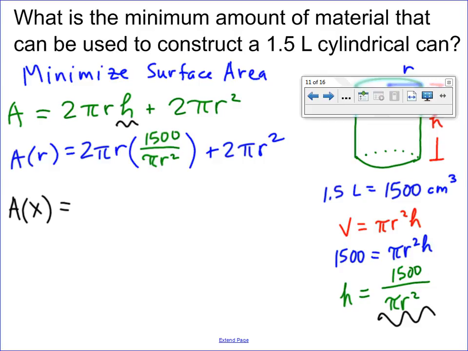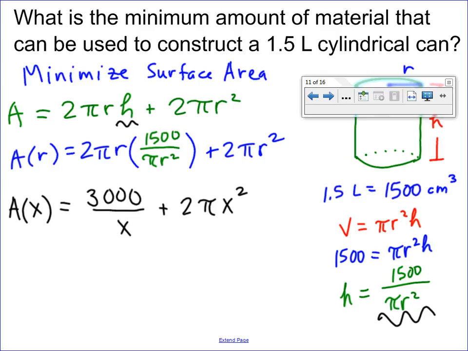I'm getting 3,000 over x. Is that what you guys are getting if we change our r's to x? Is that good? Plus 2 pi x squared. Yes? Okay. So we've generated a formula.